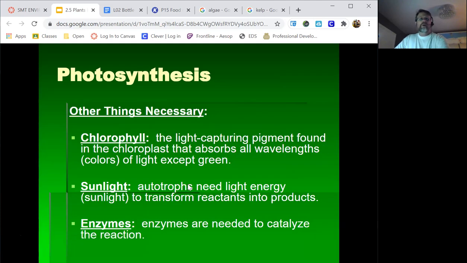Okay, so other necessary things we need to know. Inside the plant, we have the chlorophyll, which is a specific pigment, or color, found in the chloroplast, right? And it absorbs all light, all colors, except green. So when we look at it, we see the green reflected back, and we see all the other colors being absorbed.